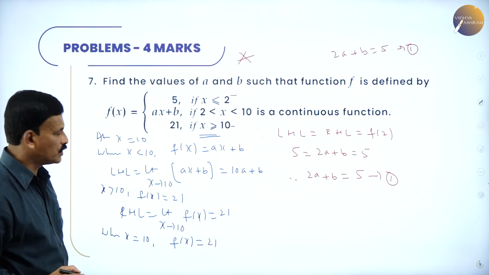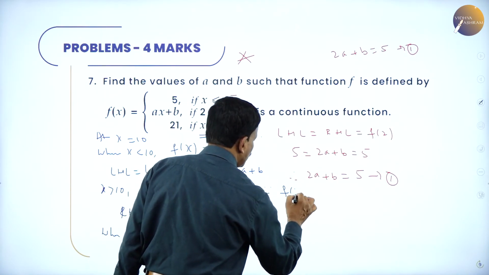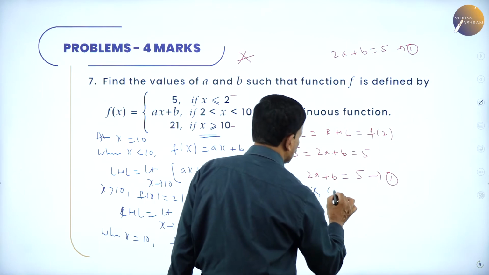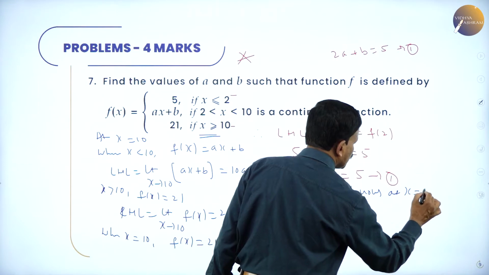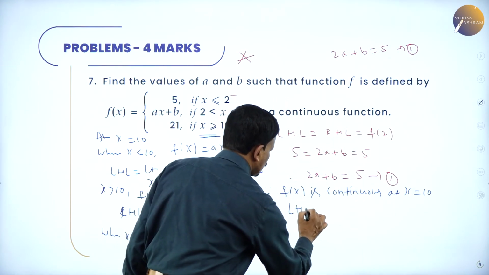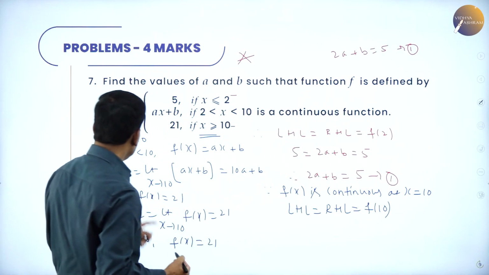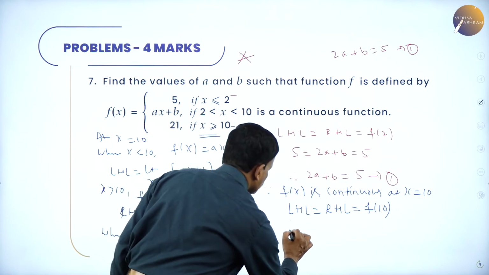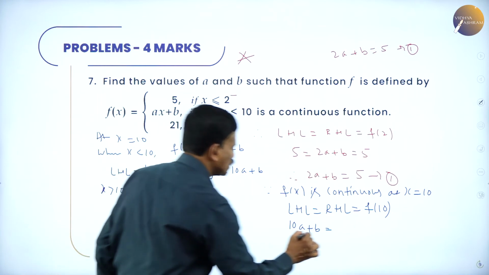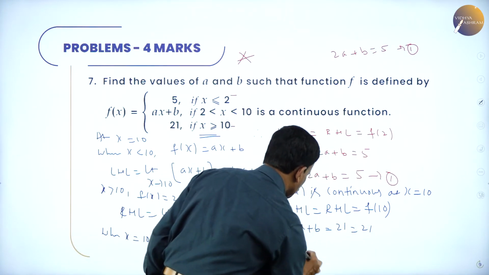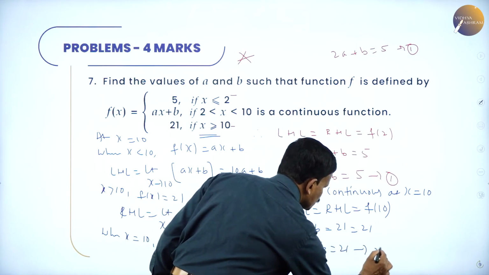Since f of x is continuous at x is equal to 10, left hand limit is equal to right hand limit is equal to functional value. Left hand limit is 10a plus b, equal to right hand limit 21, and functional value is also 21. So therefore you can write 10a plus b is equal to 21. This is equation number 2.